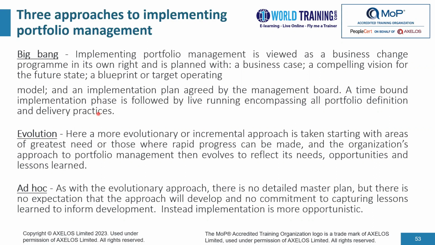Now, the evolutionary approach is more an incremental approach, and you might want to start with areas of greatest need. Let's say, for example, there's a need to prioritize investments within the organization.